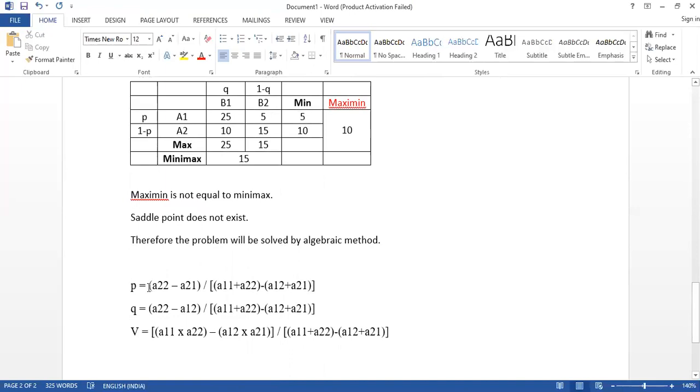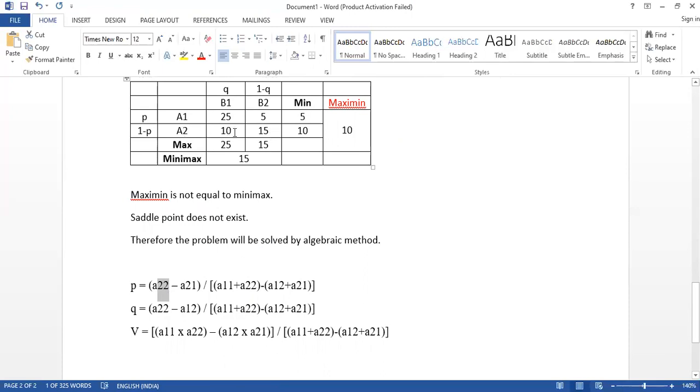See, P equals A22 minus A21. Now, let us try to understand what this number indicates, right? The first number indicates row number and the second one indicates column number. So A22 means the value given in the second row, second column.